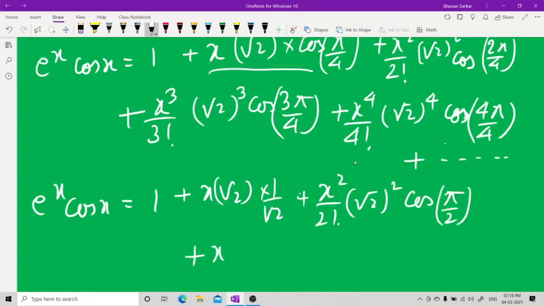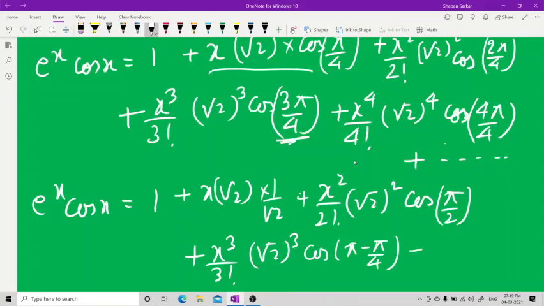Now plus x³/3 factorial (√2)³ cos(3π/4), which is cos(π − π/4). Plus x⁴/4 factorial (√2)⁴, this will give me cos π, because this 4 and this 4 will cancel, and so forth.